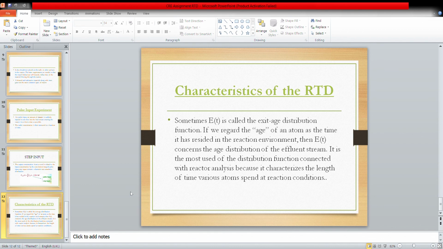Then E as a function of t concerns the age distribution of the effluent stream. It is the most used distribution function connected with reactor analysis because it characterizes the length of time various atoms spend at reaction conditions.